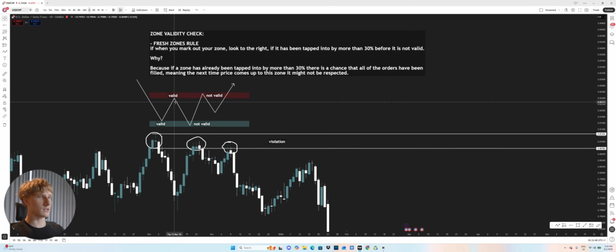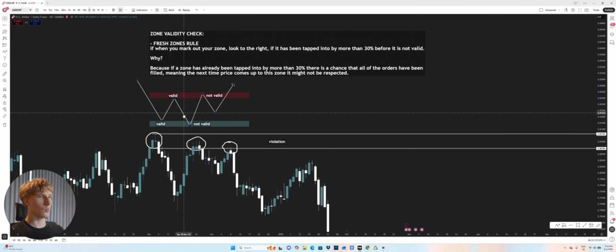Meaning that when price comes up here, we can take a trade, and when price comes back down to this demand level, we can take a trade. Now we can see that instead of just touching it, it has deeply retraced into this level, and the same way into this level right here. As soon as we have seen a deep retracement, more than 30%, what that tells us is that this zone is no longer valid.